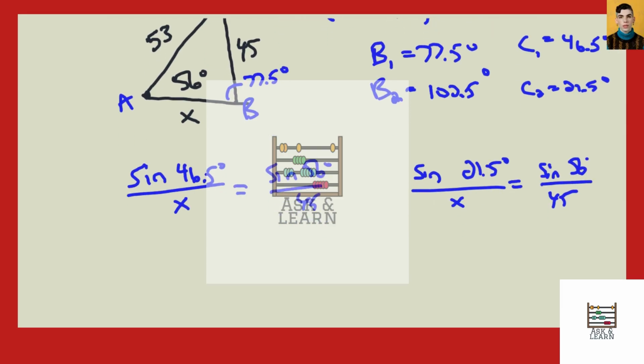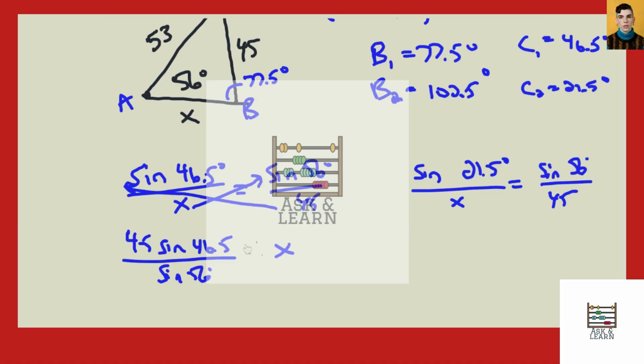So cross multiply, you'll have 45 sine 46.5 equals x sine 56, then divide by sine 56 to just get x alone. Likewise, in the other, you'll have 45 sine 21.5 degrees over sine 56 equals x.